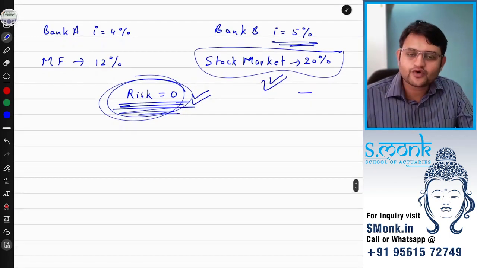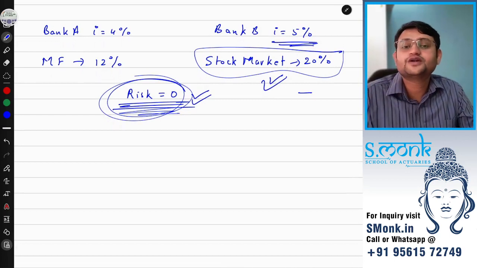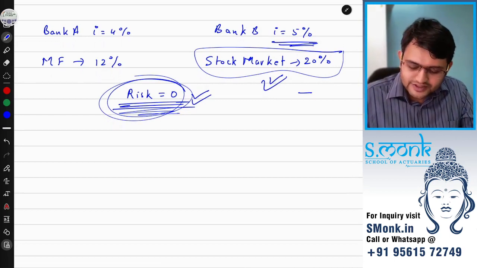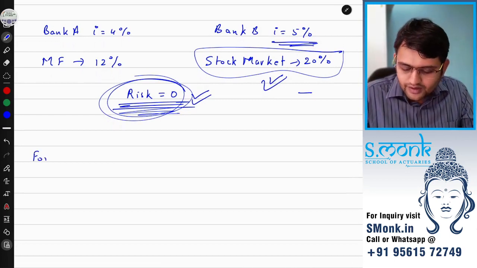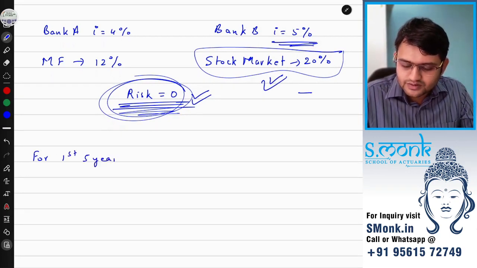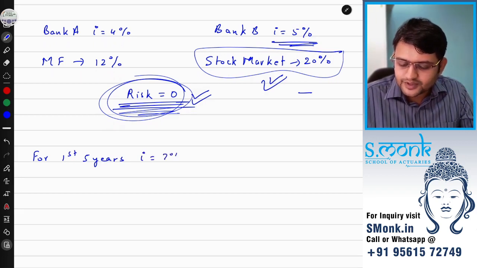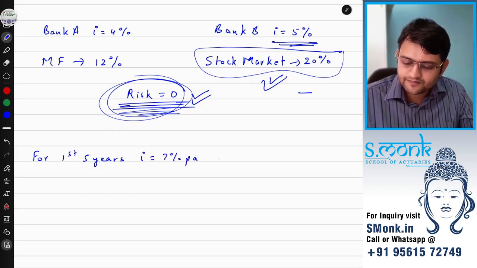But that does not mean that with time the rate of interest may not change. So I may say that for the first 5 years, the rate of interest is going to be 7% per annum.